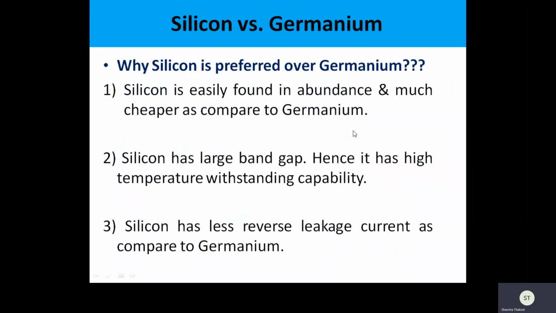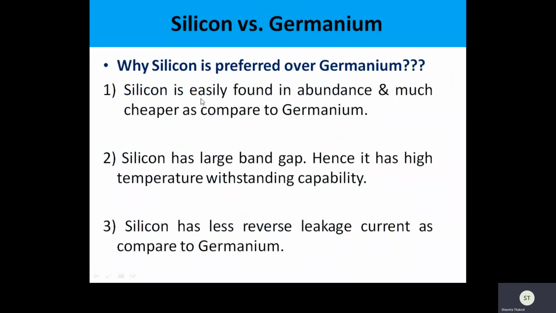In electronics, all the devices usually consist of semiconductor material. In semiconductor material, devices usually consist of either silicon or germanium. Now this is a very important question: why is silicon preferred over germanium? There are many reasons, and a few of them we are going to discuss here.